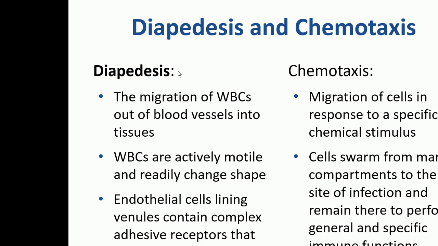So there are two terms which we need to know. Chemotaxis we have already talked about, like there is a migration of the phagocytes to the area where there is some infection. So that's what chemotaxis is, migration of cells in response to a specific chemical stimulus. And diapedesis is the migration of white blood cells out of blood vessels into the tissues.